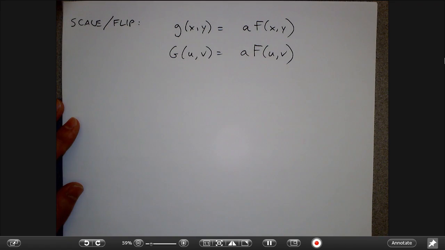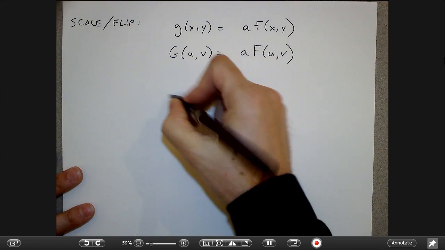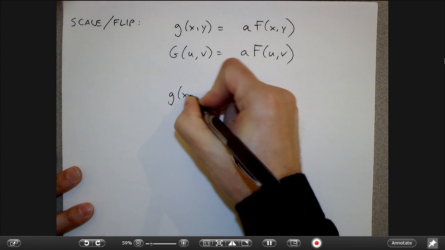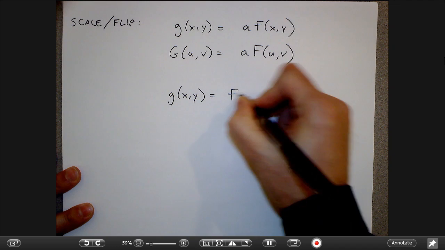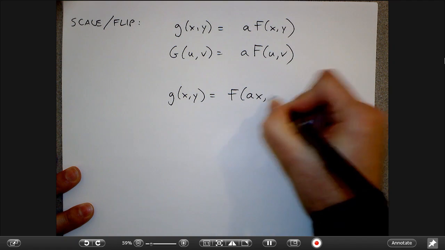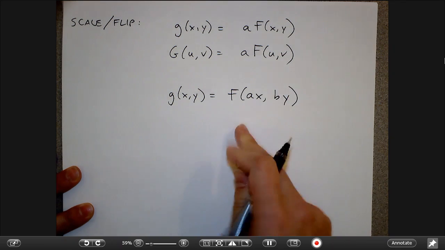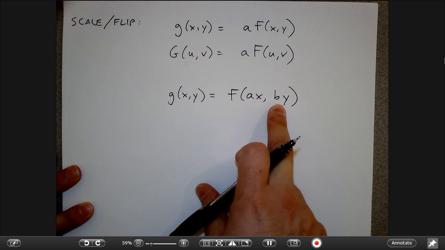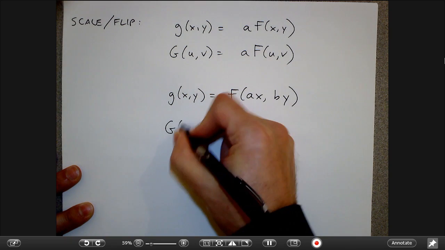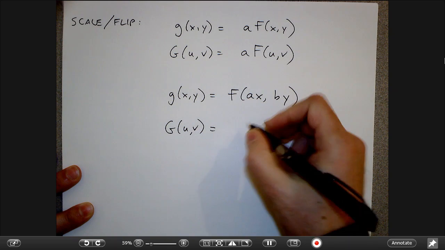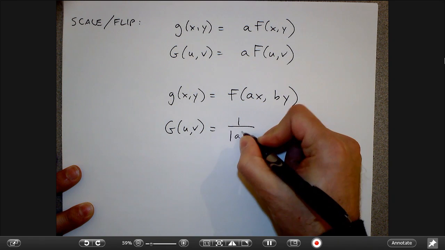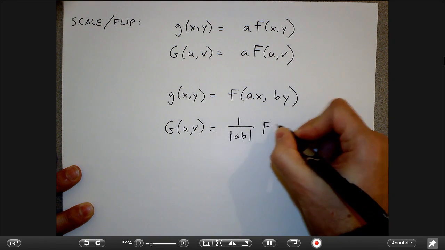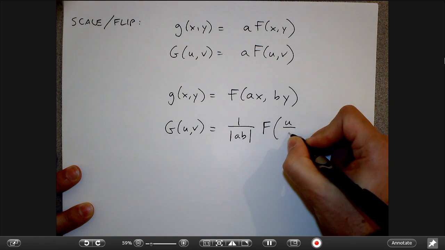If instead of scaling the intensities, I scale the geometry of the image, if I make it bigger or smaller, so for example, the image undergoes a transformation where it is magnified or squeezed by a factor of A in this direction and a factor of B in this direction, then I get basically the expected behavior over here.